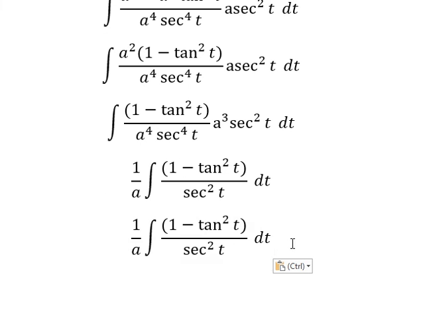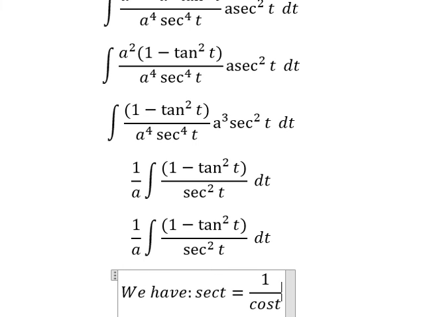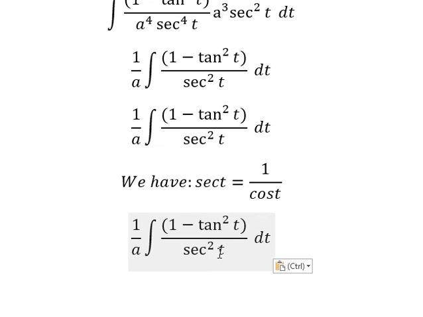Next, we know that secant of t is 1 over cosine t. So we change this one into this one.